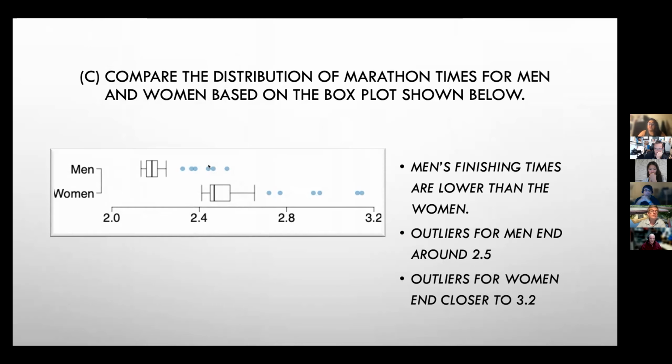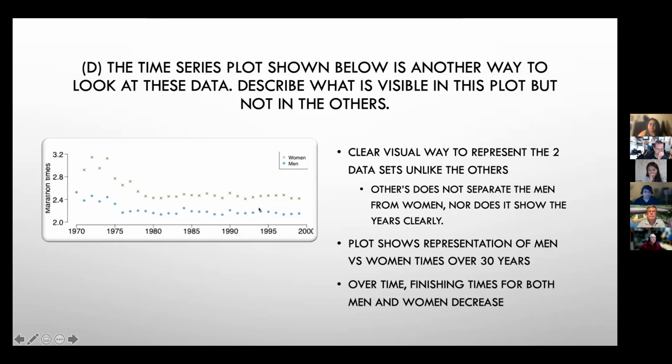And lastly, question D, they gave us a time series plot shown below, and it just asked to describe what is visible in the plot but not in others. Basically, within this one, you can see the representation of the data set, unlike others where it wouldn't show the separation between men and women, or it's not clear the years where this data is being plotted.